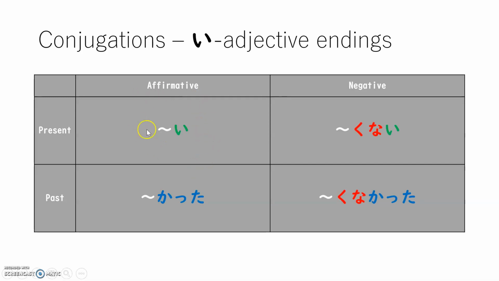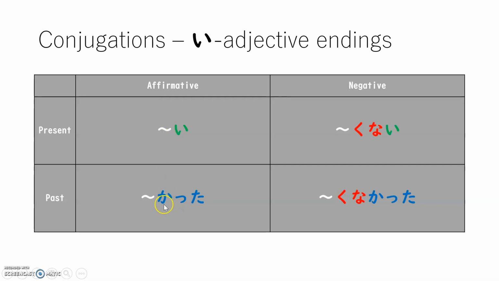All right, so here we go. So for i-adjectives, just the plain i, as you've learned, just means you are that thing. To make it negative, we're going to take that i and drop it and make it ku and add nai. Now we've got kunai to make it negative. Down here we have katta.